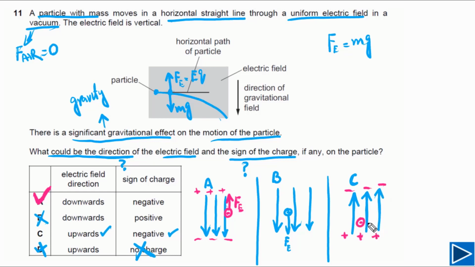Now the negative charge is placed inside this uniform electric field. It will experience a force in the direction opposite to the electric field lines. So it will experience a force down. So this is also not a possible option, because the electric force has to be pointing upwards. Our answer is A for this question.